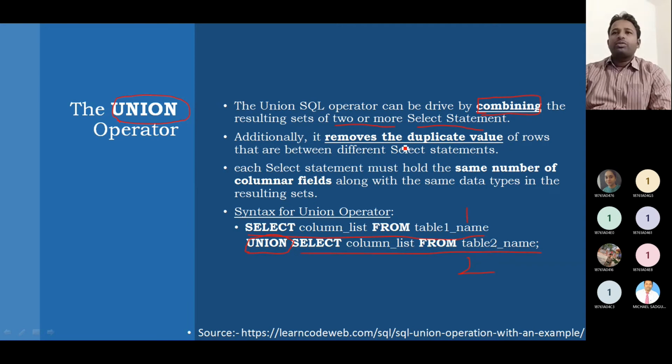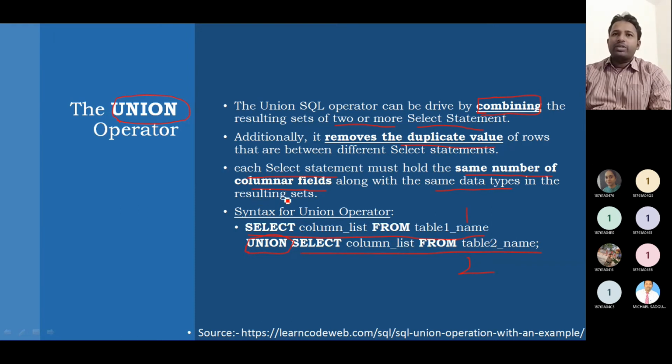Of course, here it will remove the duplicate values or duplicate rows, and you must make sure that the data type and number of columns are the same in the select statements.